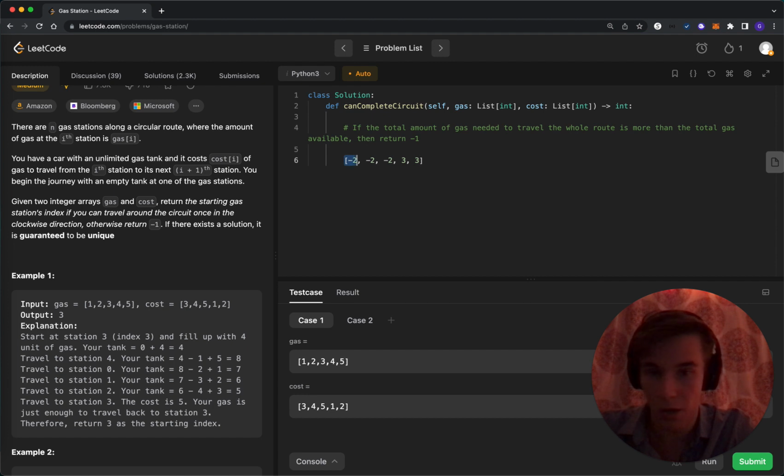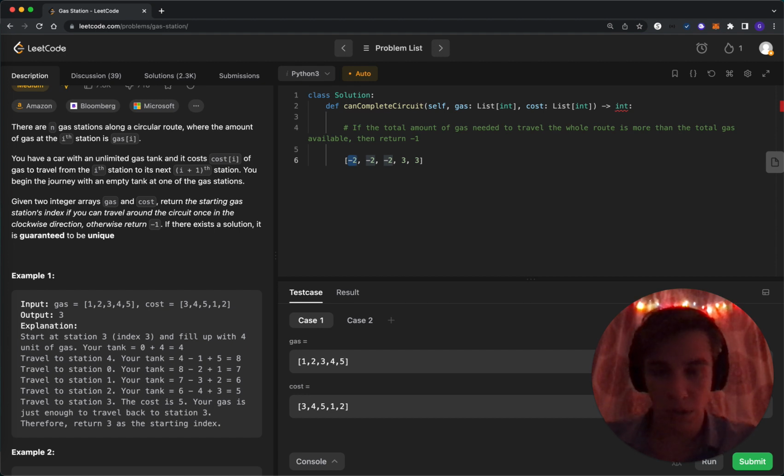What if I start from the beginning of this and just figure out that the net wouldn't let me start here, the net wouldn't let me start here, the net wouldn't let me start here, but then I just choose the next one, and it would let me start here.